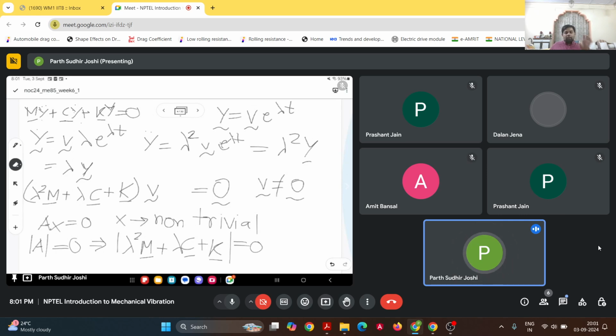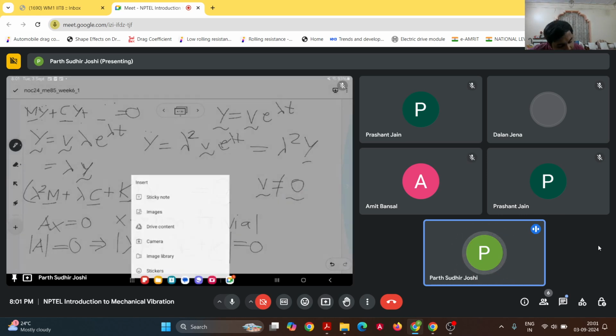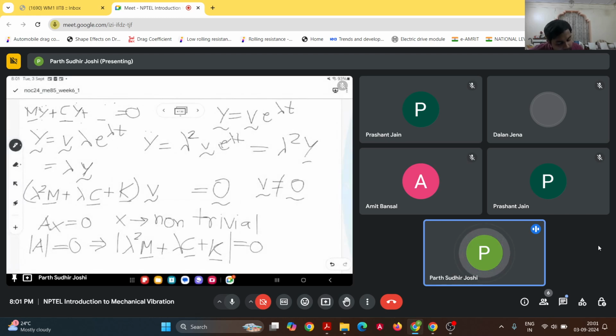If the characteristic equation has two equal roots, then it is critically damped. Or if it has two complex roots, then the system is under damped, right? So it's the same or similar type of concept here.